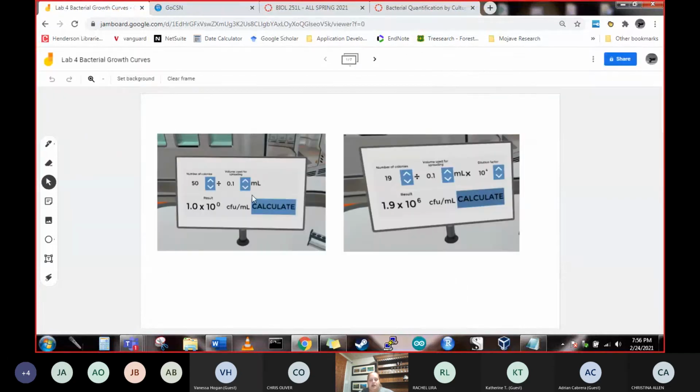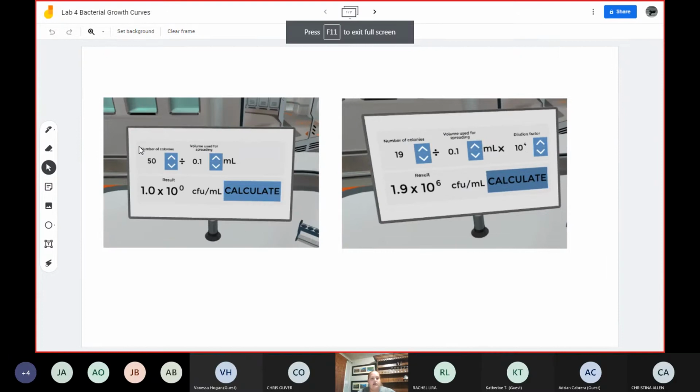So this is what it's actually going to look like in Labster, the difference between the two. On the left here is what we just talked about with that equation, which is your number of colonies, which in Labster you're going to be adjusting up and down, and the volume used for spreading.